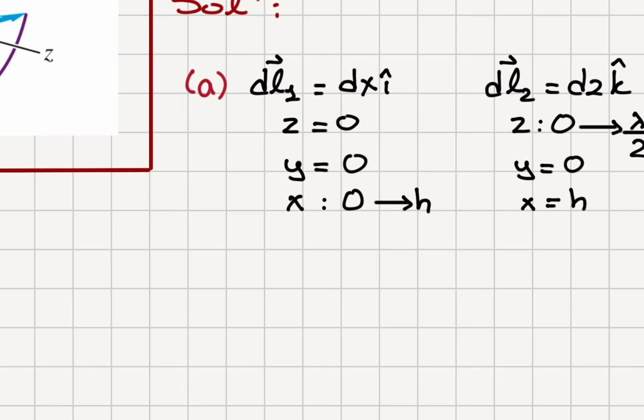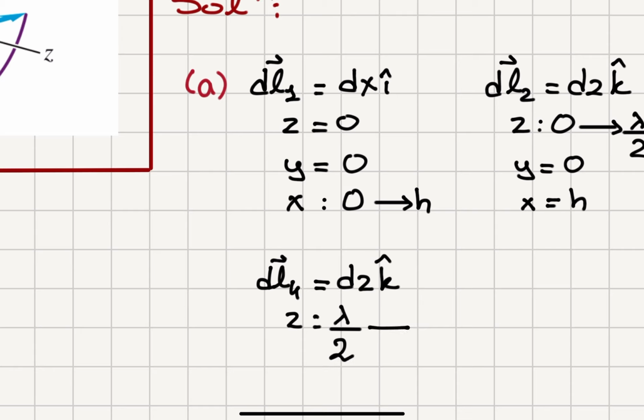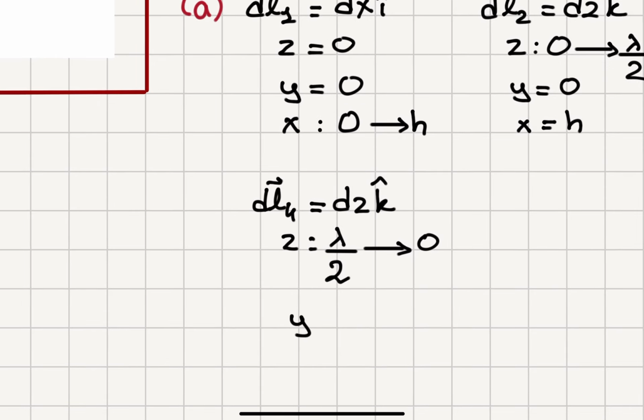So let's talk about the fourth path. dl4 is equal to dz k hat. z goes from lambda over 2 to 0. y is equal to 0. x is equal to 0.